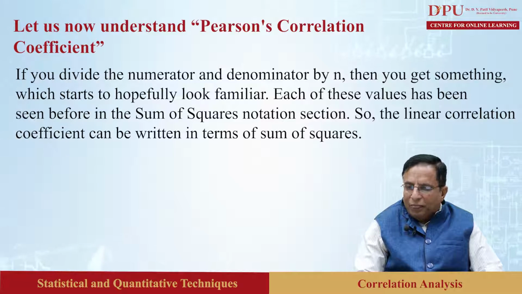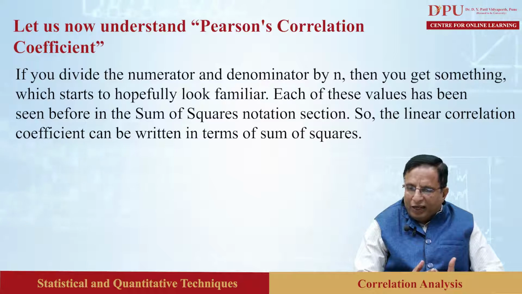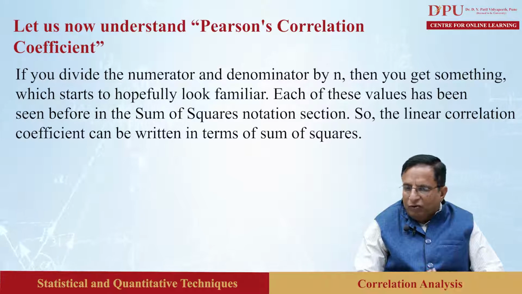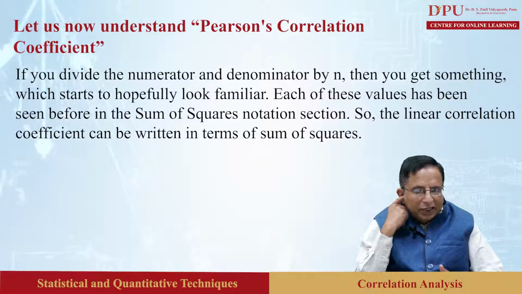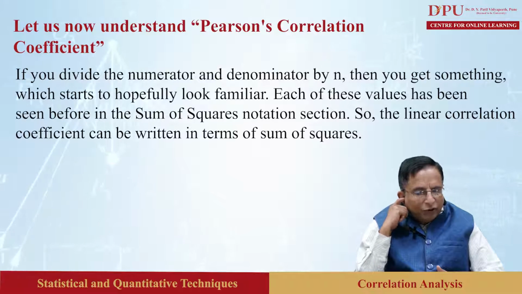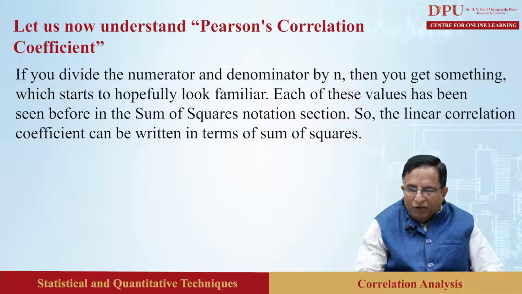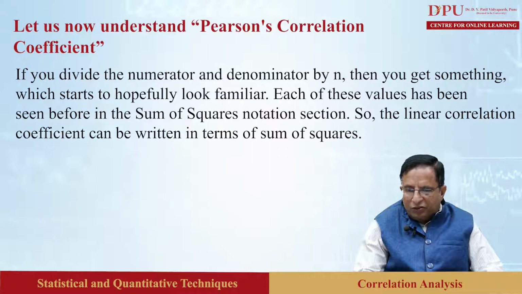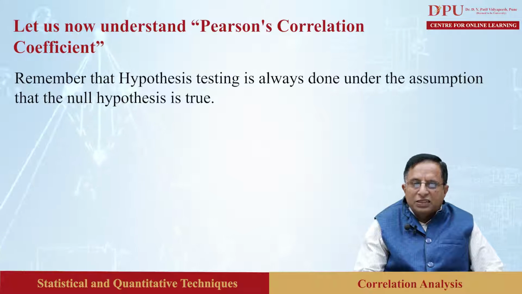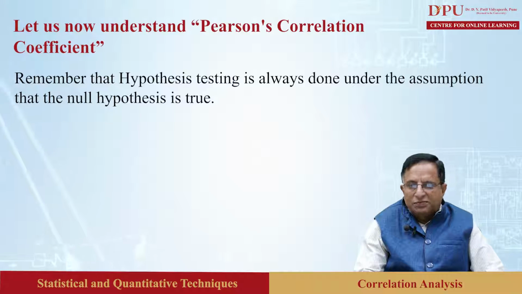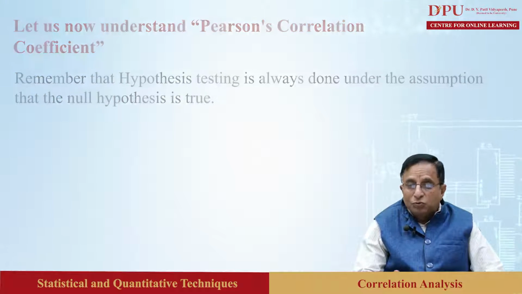Similarly, 4 into 2 is 8, 2 multiplied by 2 is 4, and again 8 by 4 is 2. So when you divide numerator and denominator by n, the value you get is something which is starting to hopefully look familiar. Each of these values has been seen before in the sum of squares notation section. So the linear correlation coefficient can be written in terms of sum of squares. Remember that hypothesis testing is always done under the assumption that the null hypothesis is true.